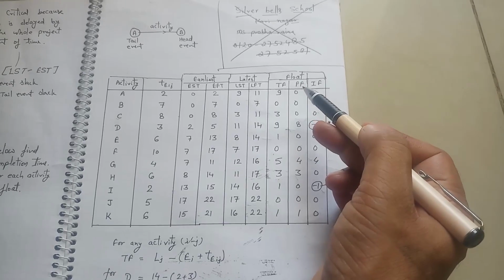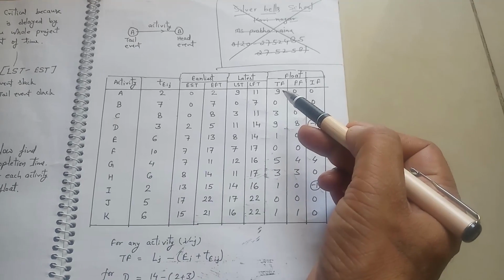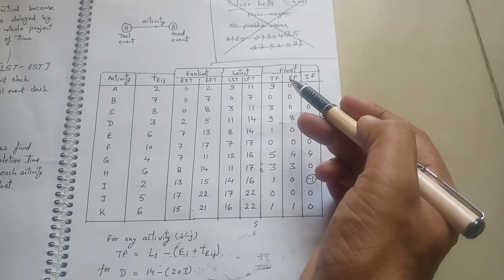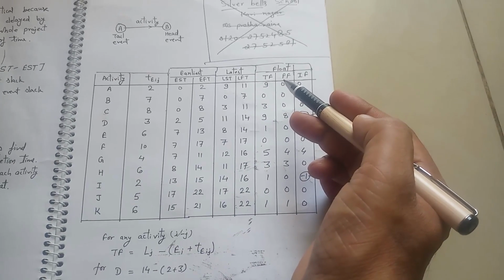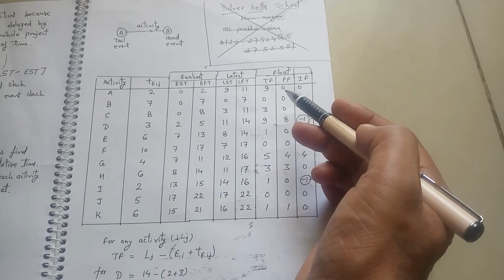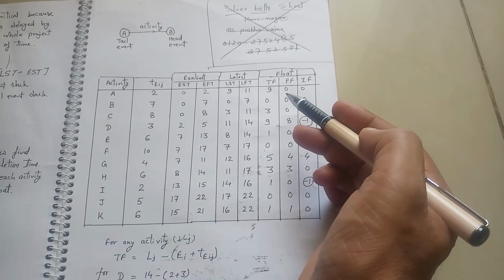Now we have to calculate free float. We know that free float is equal to total float minus head event slack.